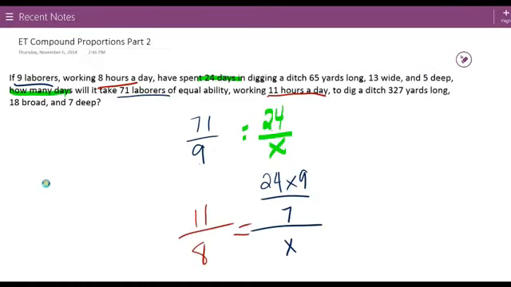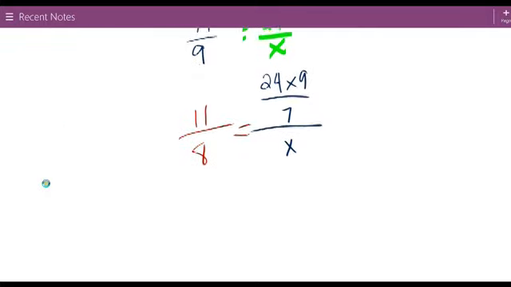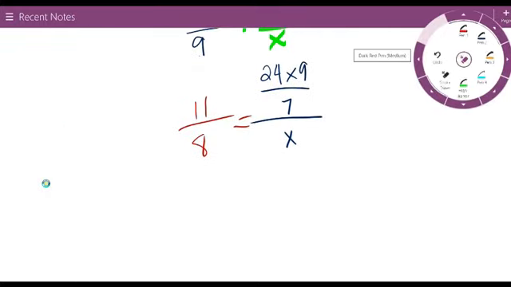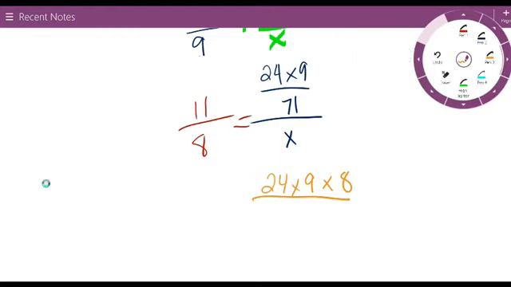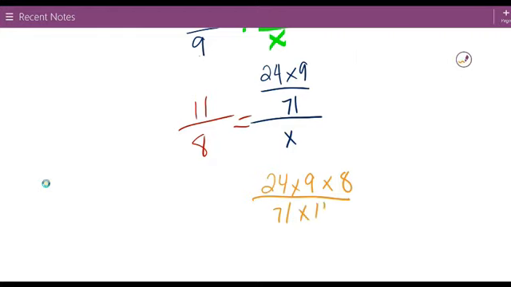Keep our space. So that is going to give us 24 times 9 times 8 over, oops, sorry, not supposed to be a 71. 71 times 11 over x.